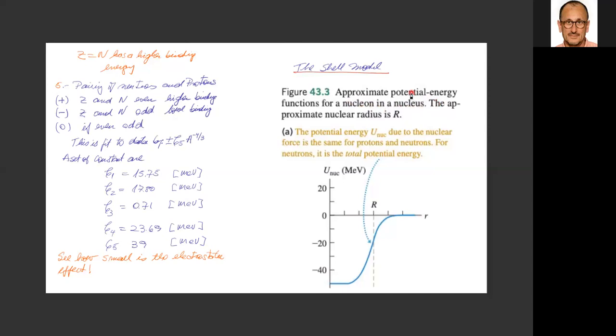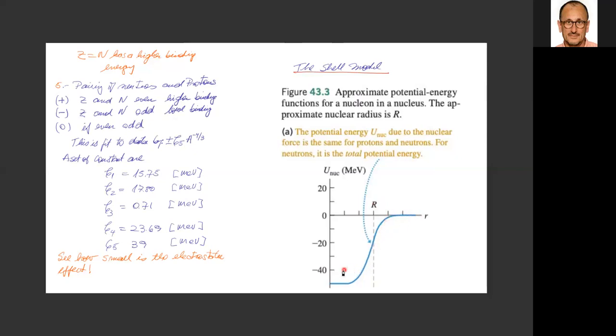This is a model to describe the interaction of the nucleons inside the nucleus. One can think of an approximate potential to describe the interaction between nucleons inside the nucleus. This R here is of the order of the approximate nuclear radius, 10 to the minus 15 meters or something like that, or 2 times 10 to the minus 15. That's this value. It is an attractive potential.